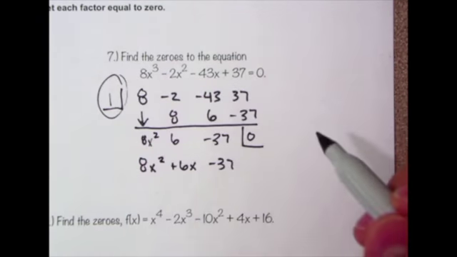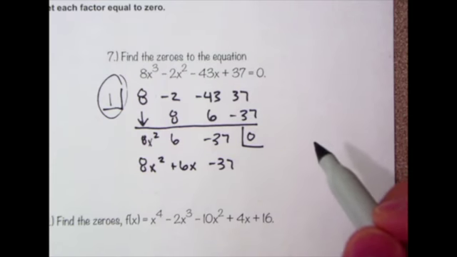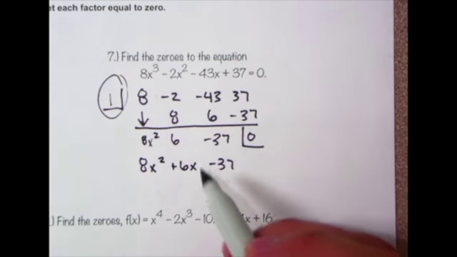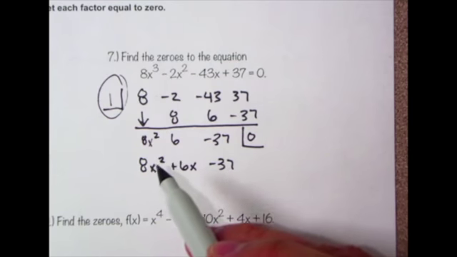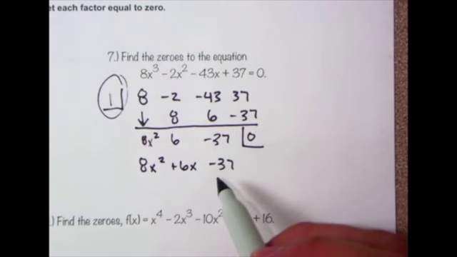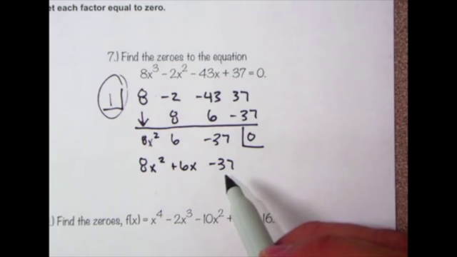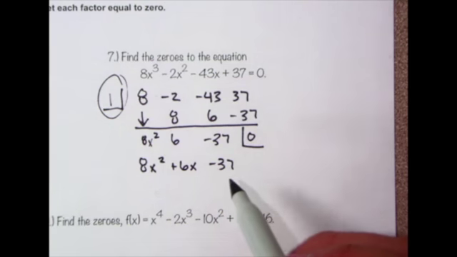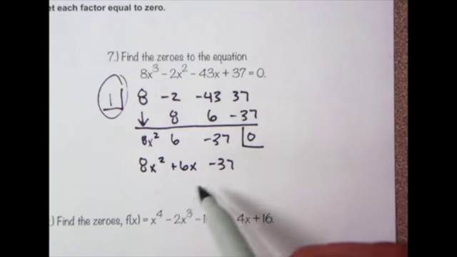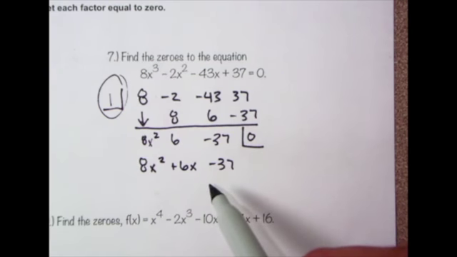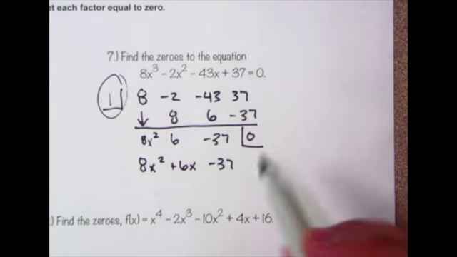How do I find the other 2 solutions? And this is what synthetic division allows us to do. Now it has made this a quadratic equation. And now I know how to solve any quadratic equation using a specific formula, and that is the quadratic formula. So we're going to use the quadratic formula to find the other 2 solutions.